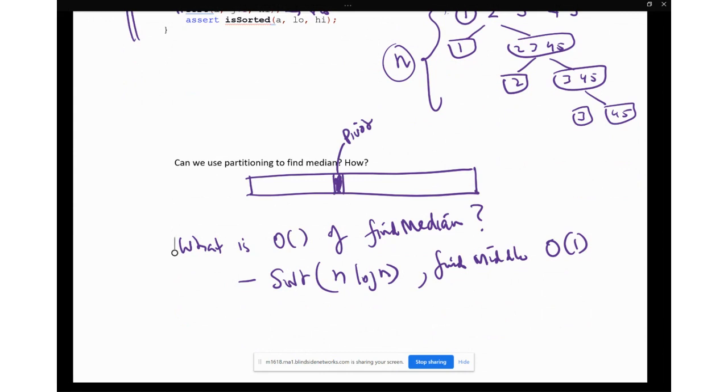Let's say our array is of size 100, and the pivot went into location 22. So where's the median?